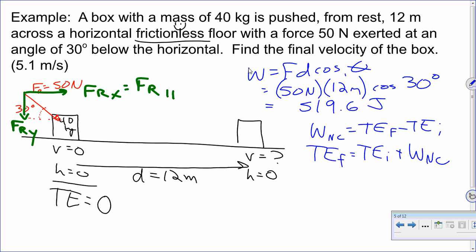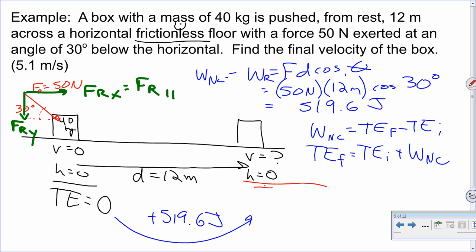Okay. Ultimately, though, I want you to understand this conceptually. This is the work that Roy did. So that's the work done by non-conservative forces. That's how much energy we gain. So we gain 519.6 joules. Means, what's my total energy over here going to be? 519.6, right?